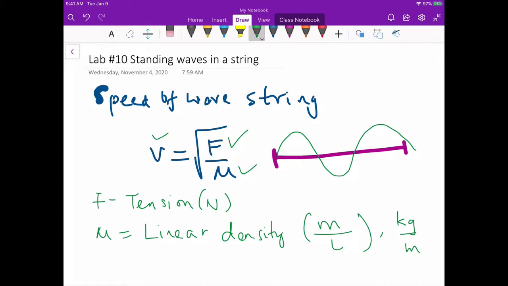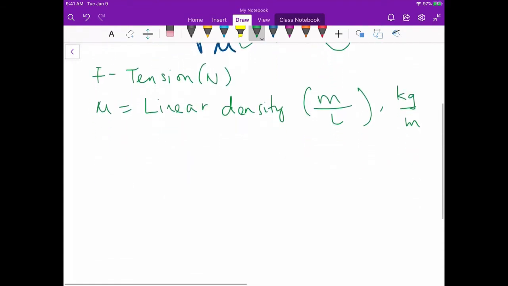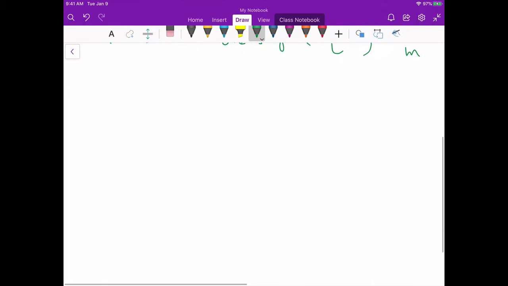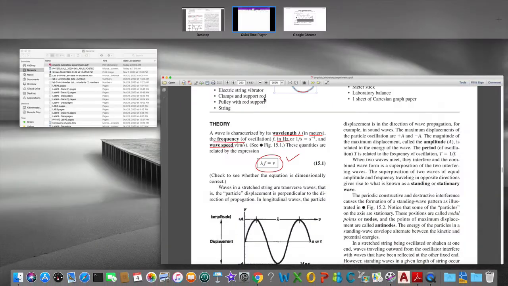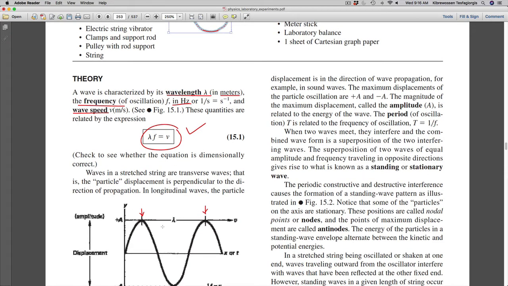If we can measure the speed and find the wavelength of the wave, then we can determine the frequency. So let's define wavelength. The wavelength of a wave is measured from crest to crest. That is one wavelength, or one lambda.